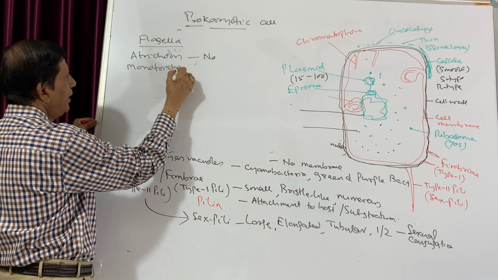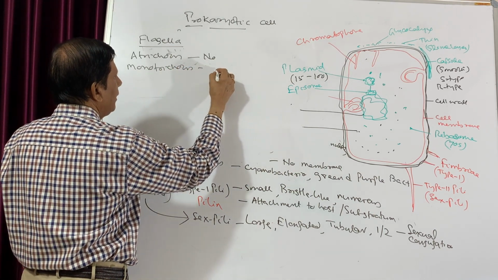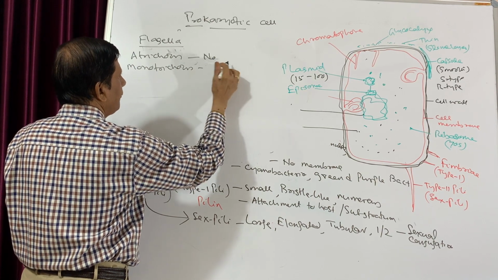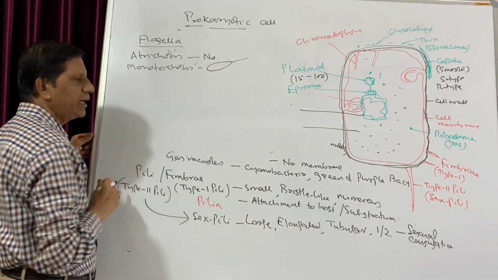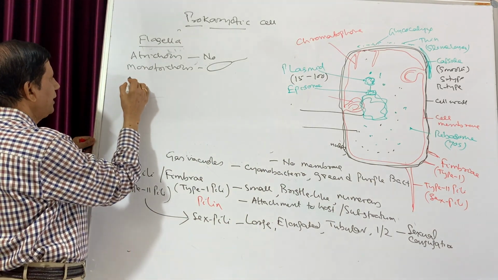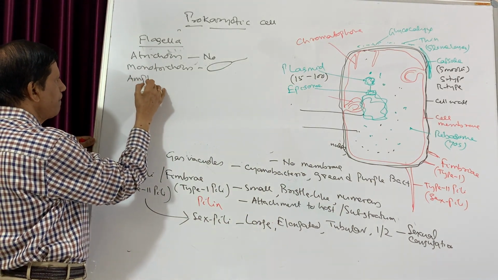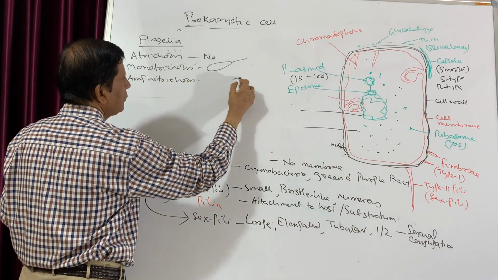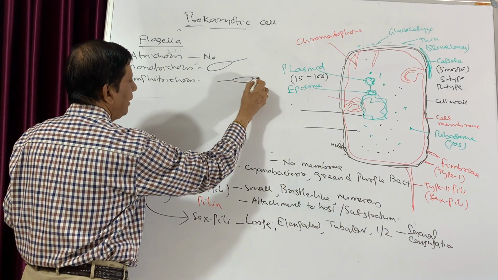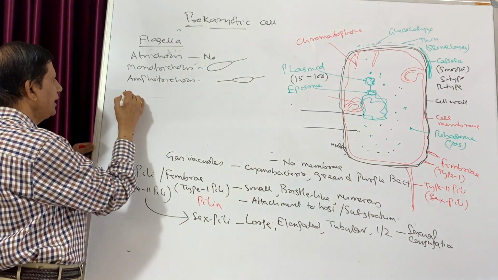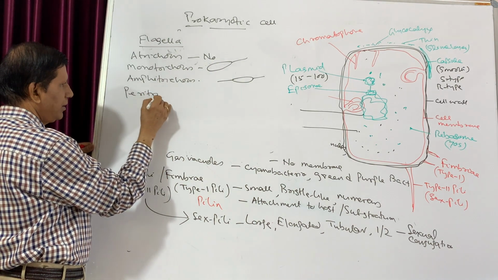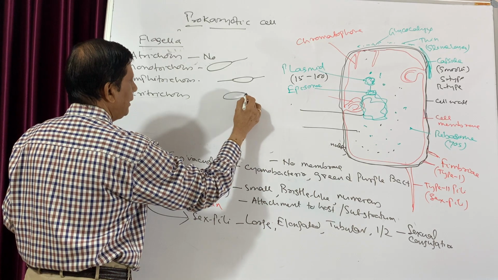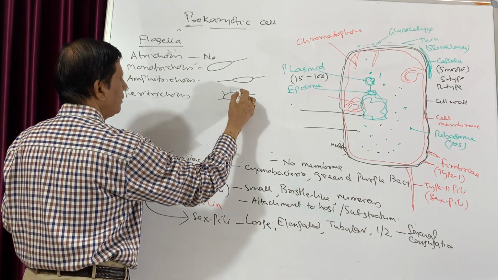It may be monotrichous. Mono means one, so monotrichous means a single flagellum, like this. Then it may be amphitrichous, that is one flagellum on either side. The next is peritrichous, where the flagella are present all around.